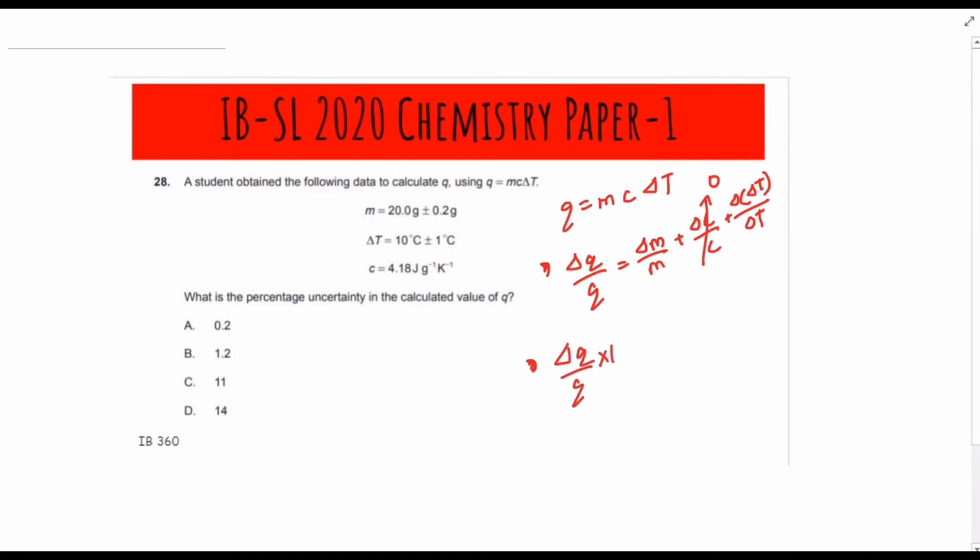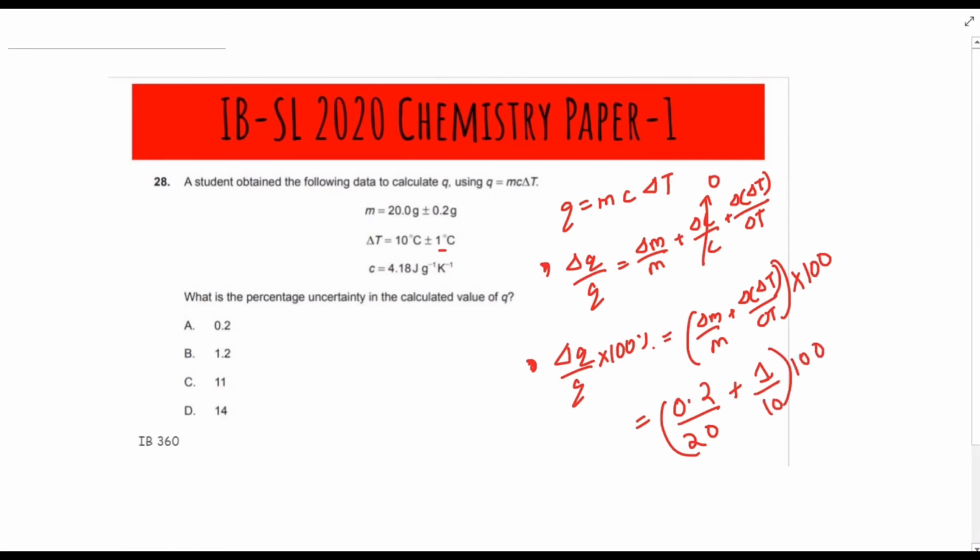So this is basically delta M by M plus delta of delta T by delta T, times 100. Delta M here is 0.2, M is 20, delta of delta T is 1, and delta T is 10, times 100. Let's cancel this out, and this will be 1.1 times 10, so the answer is 11%. That is option C.